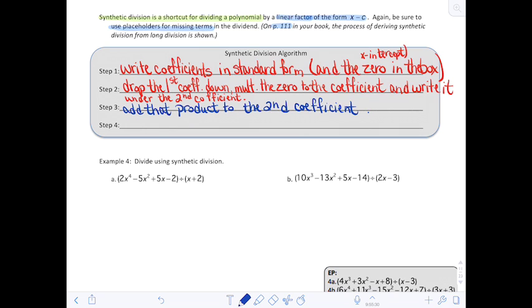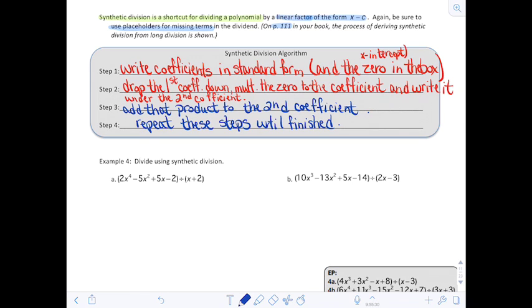Once we've done that, we're going to repeat these steps until finished. Okay, so there they are written out for you, and this will probably come rushing back to your memories as we start to do this.